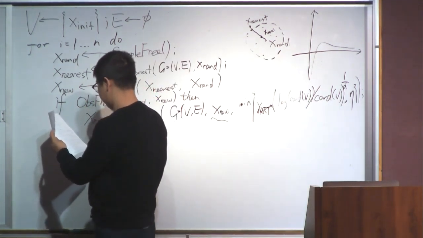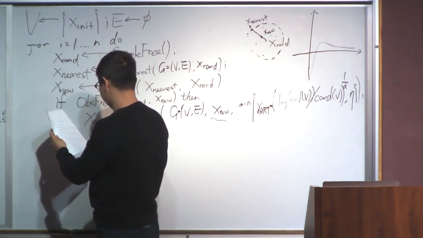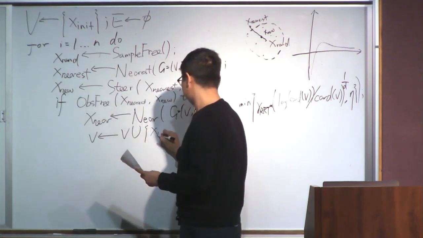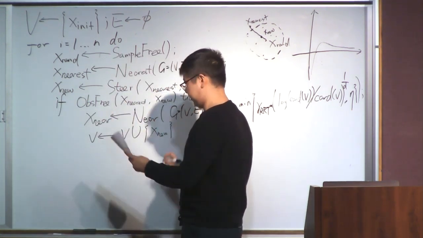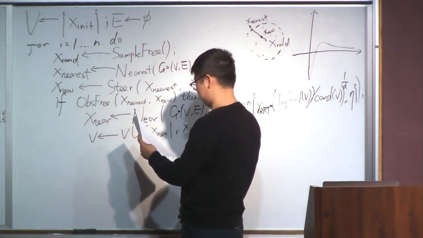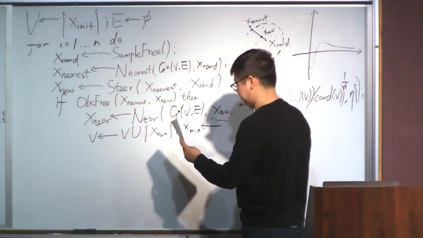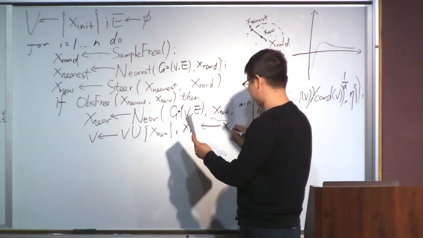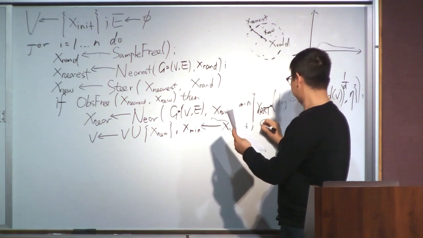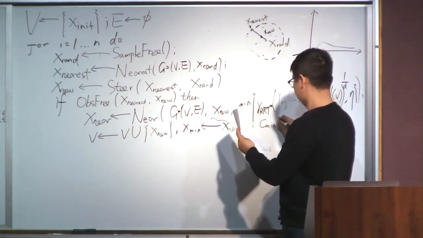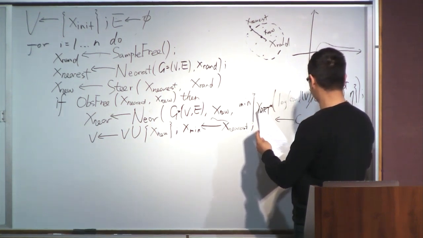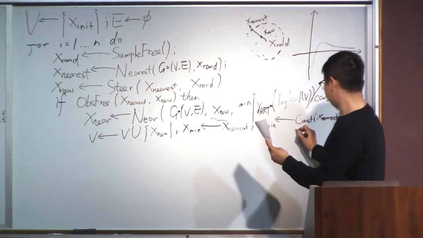So we want to do V becomes V union x new, and we define a few new variables: x min, which is x nearest, and c min, which is the cost of x nearest.